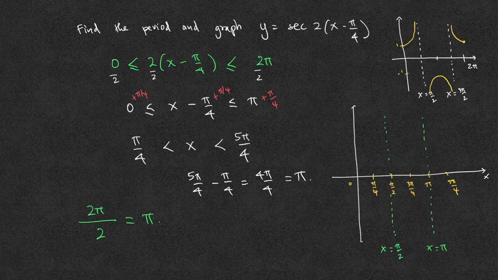Remember that there's no vertical stretching or shrinking or shifting, and so we start the graph at pi over 4, sitting above y equals 1.